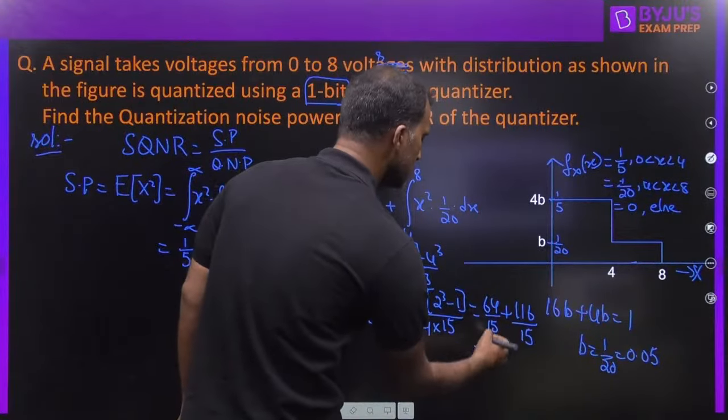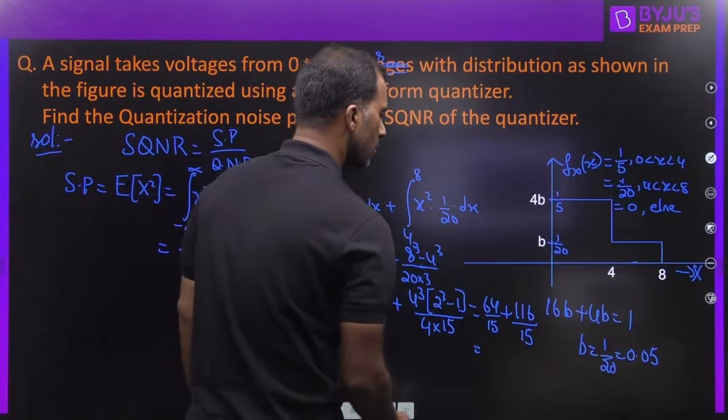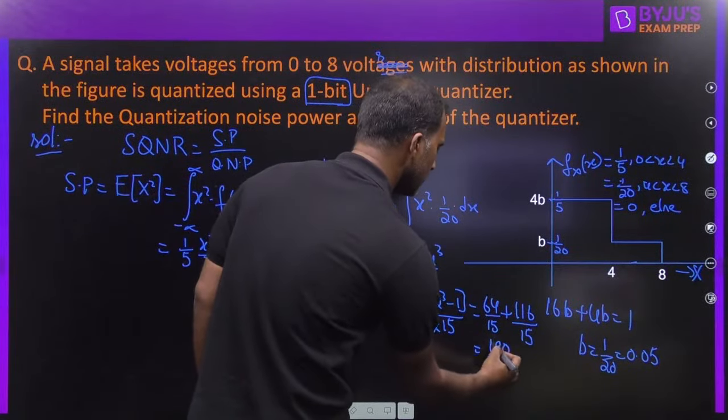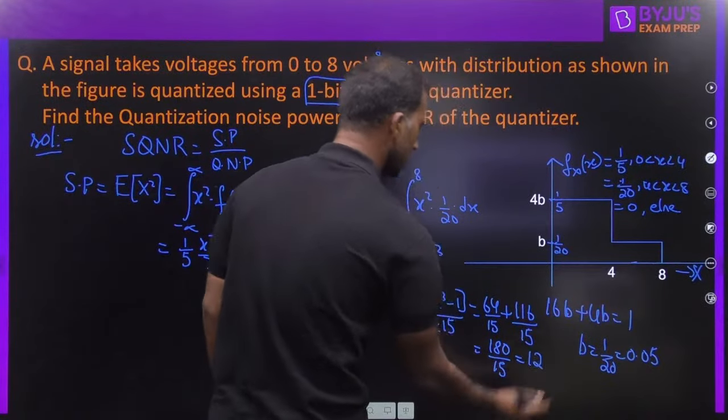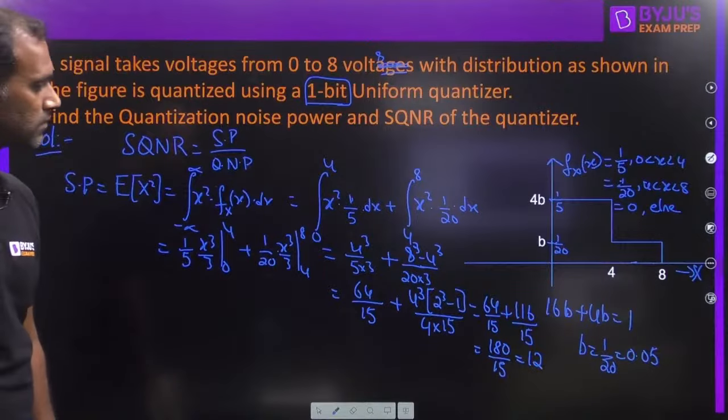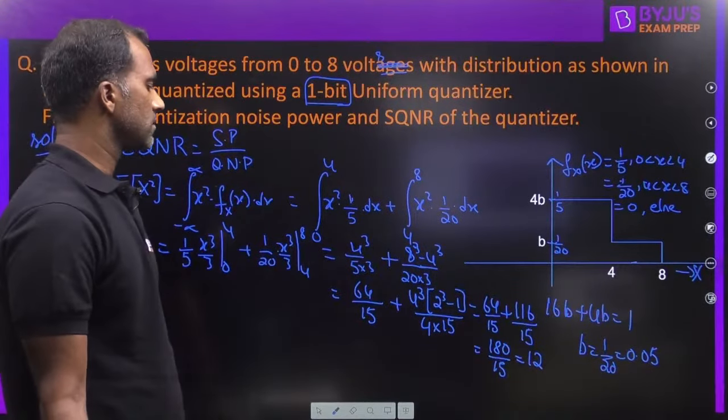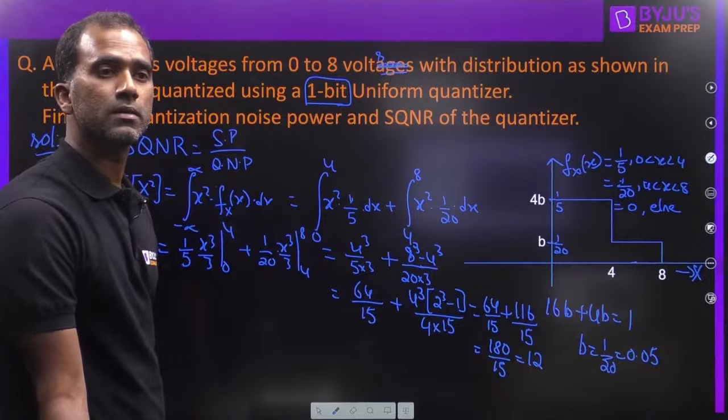So 116 plus 64 is 180 divided by 15. I think we can cancel 15, no? It is 12 times. Am I correct? I think that should be correct.